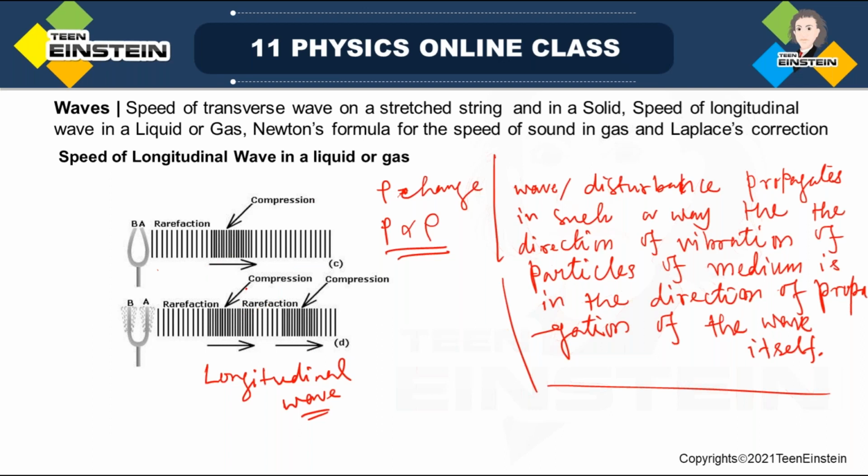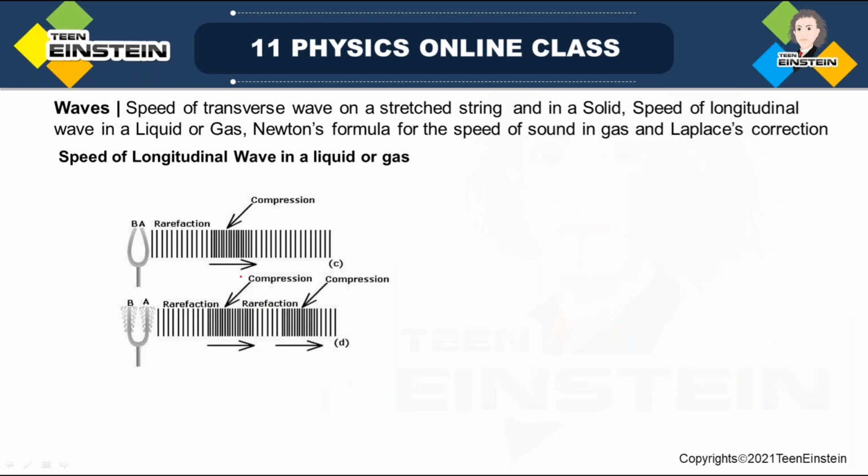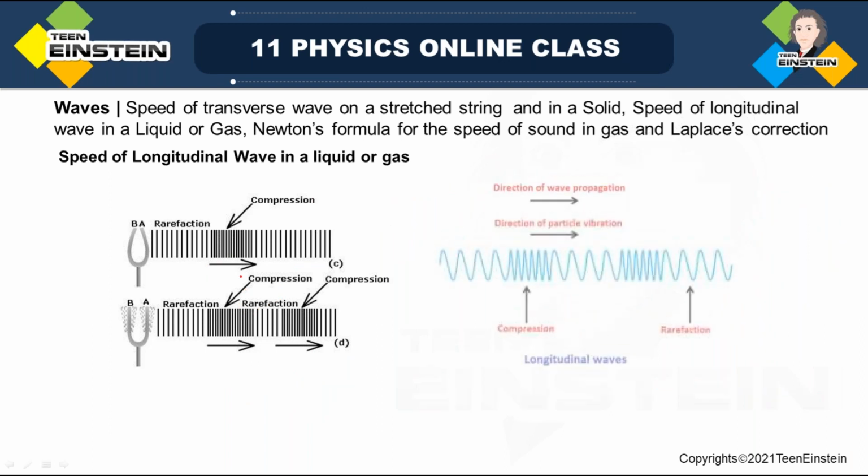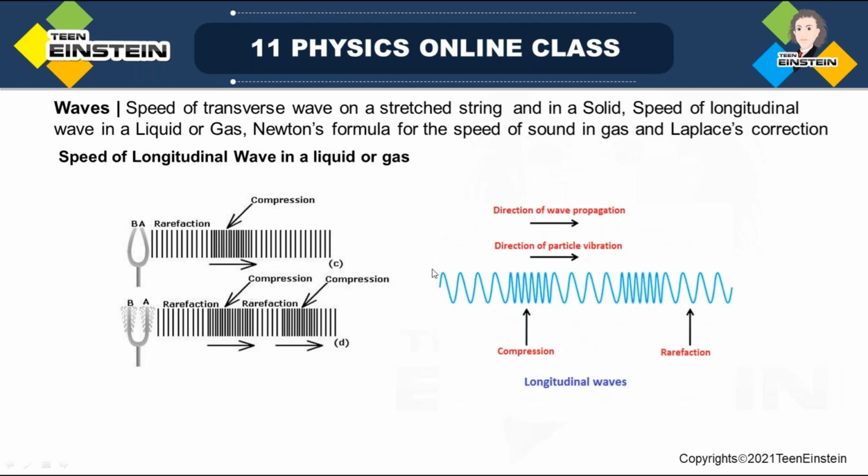So we'll now see, if you want to visualize a little more about longitudinal waves. See, this is the rarefaction. This is the region of compression. Again, rarefaction. So actually what happens is when the medium particles are compressed, the density increases.